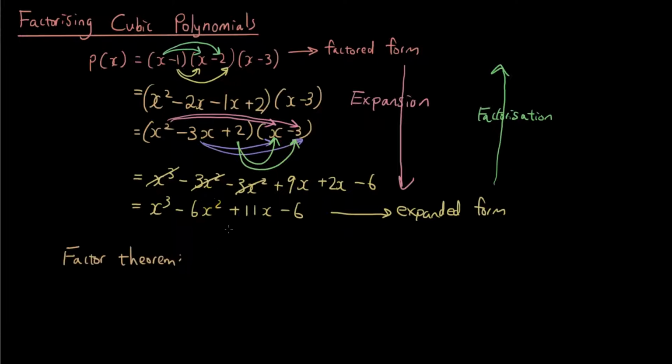Now the factor theorem says that if a polynomial where a is the input variable is equal to 0, so the output is equal to 0, then x minus a is a factor of p(x).